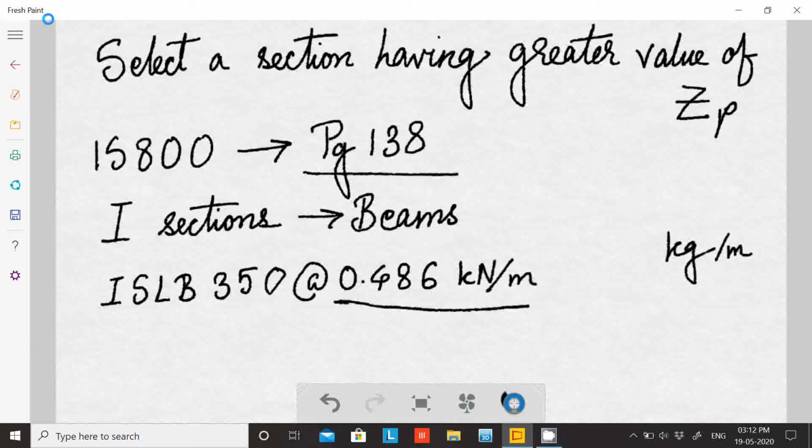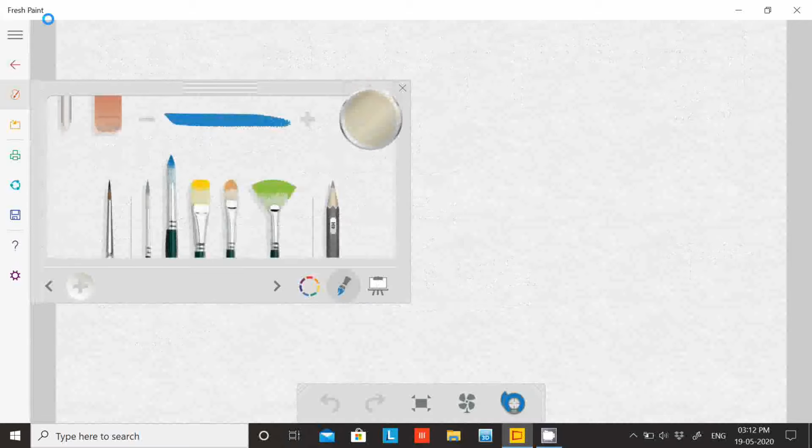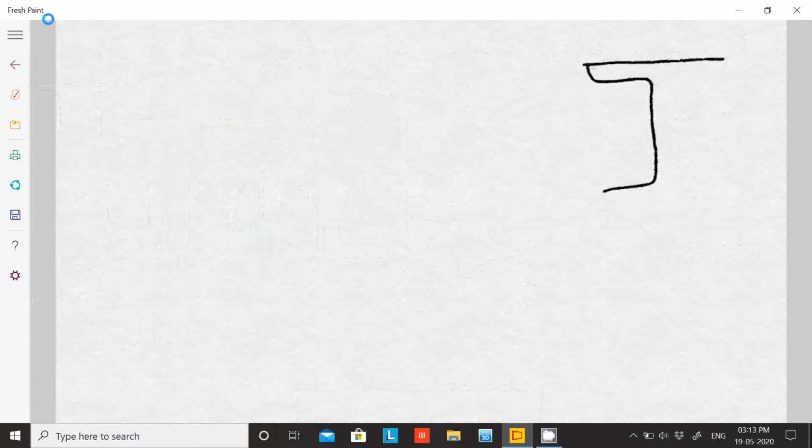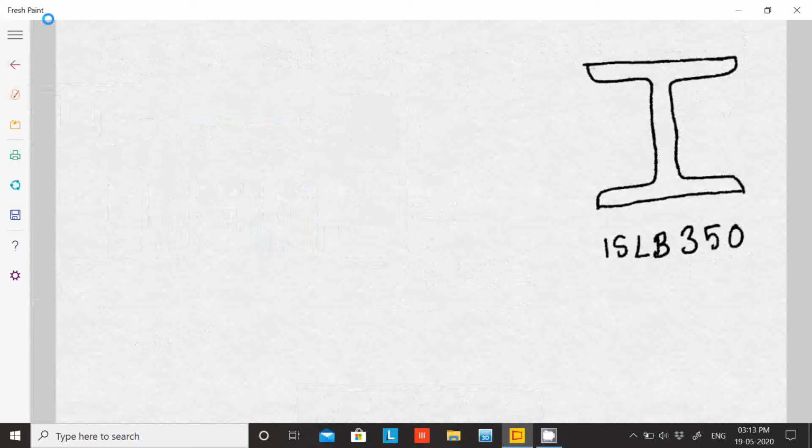So if we select this one, ISLB 350, let us write down the properties. So let us draw it. ISLB 350.